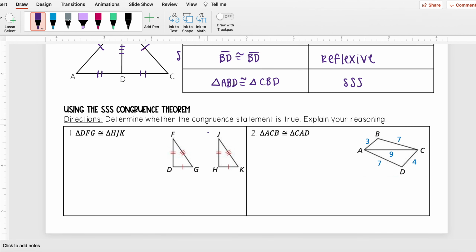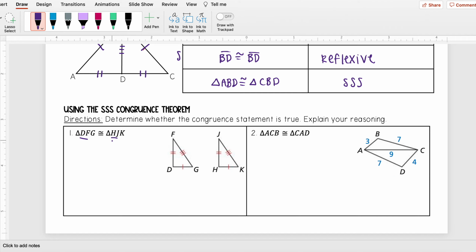Okay, now let's just look at some figures here. So I want to determine whether the congruence statement is true. Explain your reasoning. So here it says that triangle DFG is congruent to triangle HJK. And so I see that here. I do have three pairs of sides congruent to three sides of the other, but I want to first check that these all actually match up. So I want to see, is DF congruent to HJ? DF has two tick marks.